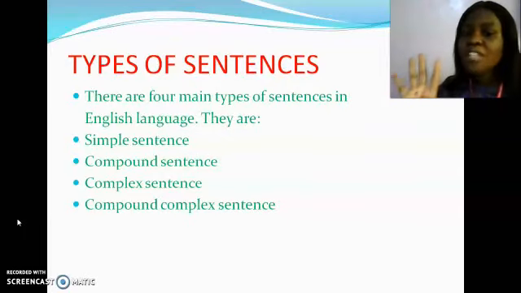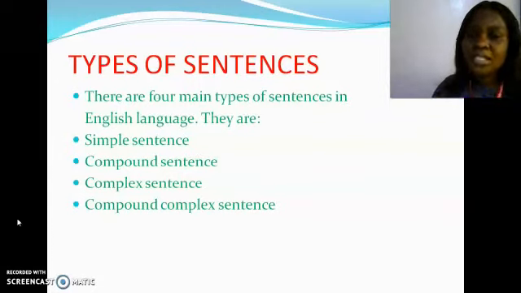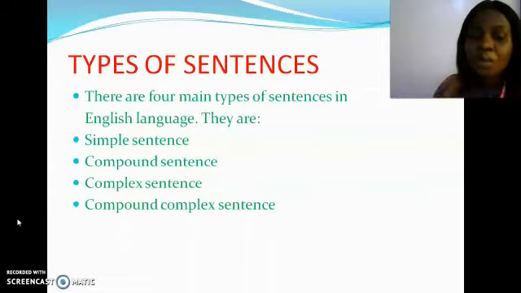Now, the first one is the simple sentence. The second is the compound sentence. The third is the complex sentence. Whereas the fourth is the compound complex sentence.